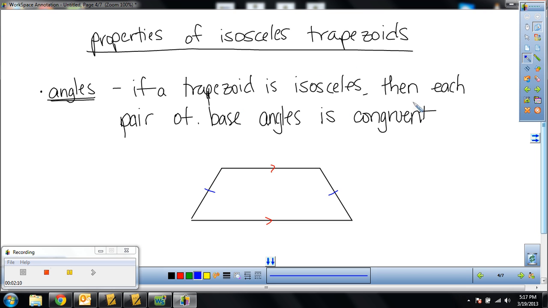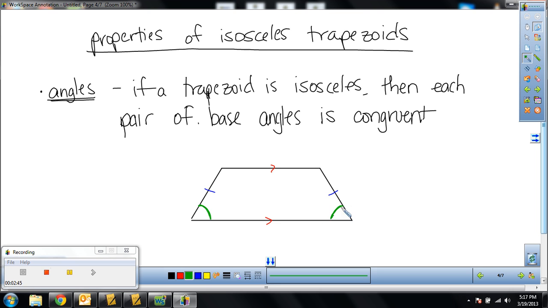Property one of an isosceles trapezoid has to do with the angles of the figure. If a trapezoid is isosceles, then each pair of the base angles is congruent. Right? So here we have an isosceles trapezoid. We can see that the bases are parallel, the legs are congruent. So the first property says that the base angles are congruent. A base angle would be the angle that's touching the same base.